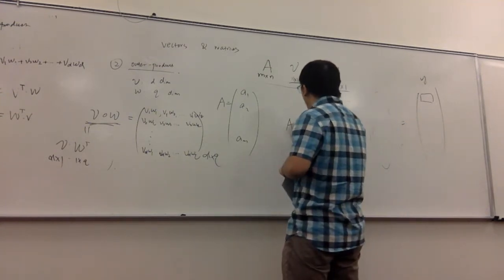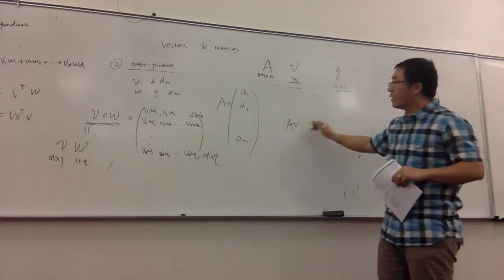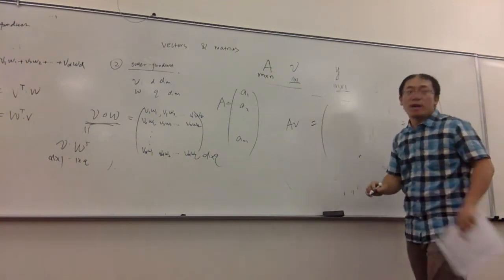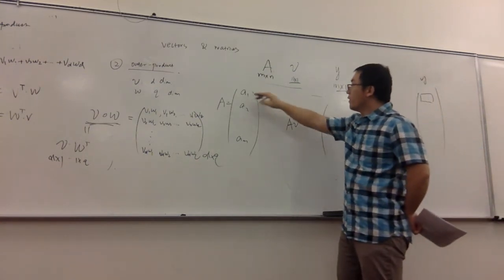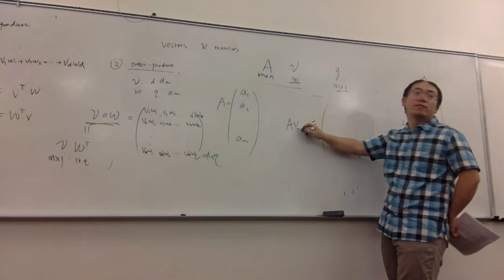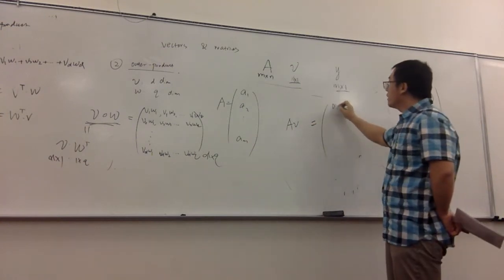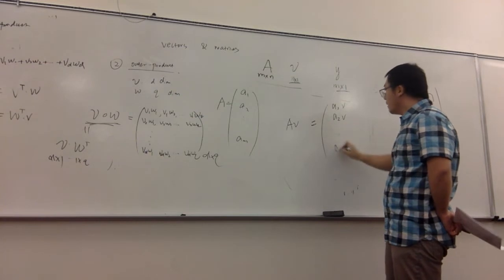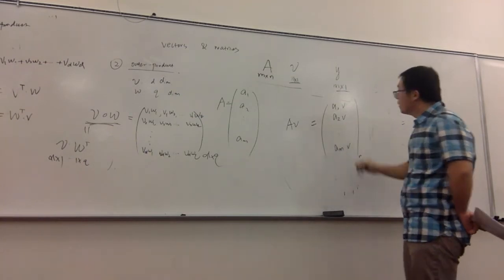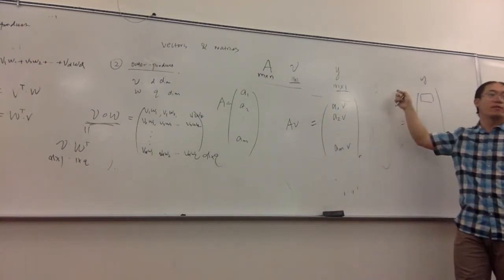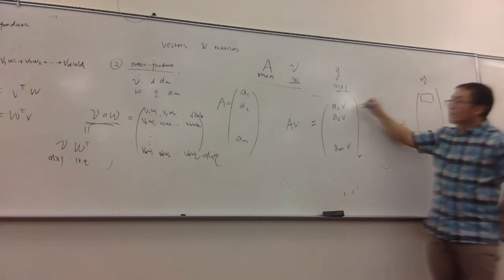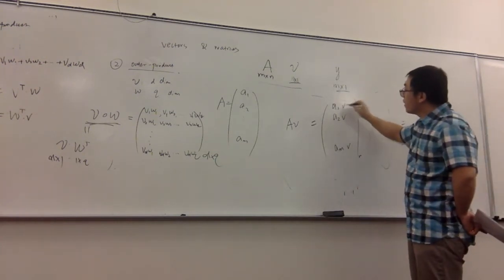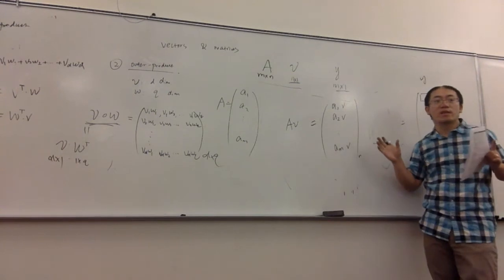Now, when we multiply matrix A with this vector v, it is essentially to multiply each row vector of A with this column vector v. So there's A1 v, A2 v, and Am v. M elements in y. And because this is a row vector and this is a column vector, it ends up with a scalar.